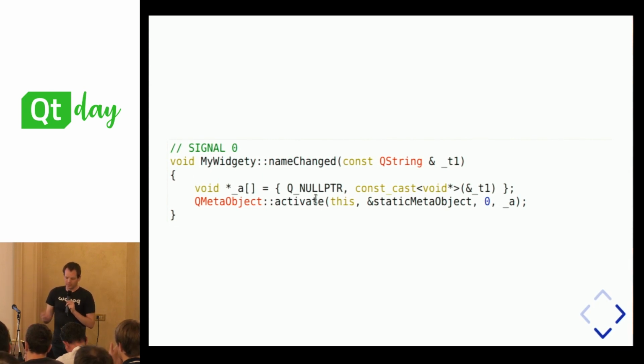Yes, indeed, signals can return values. This is not very much used, but this is the case. So the signal will just call activate with an array of the arguments. And then the QObject runtime will take care of calling the right slots that are connected to this signal.